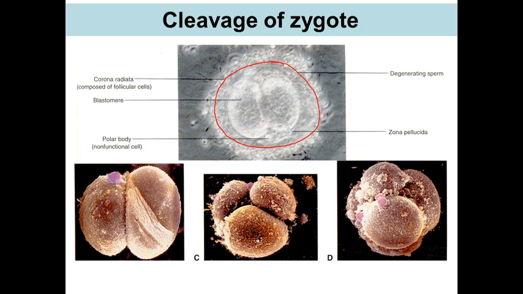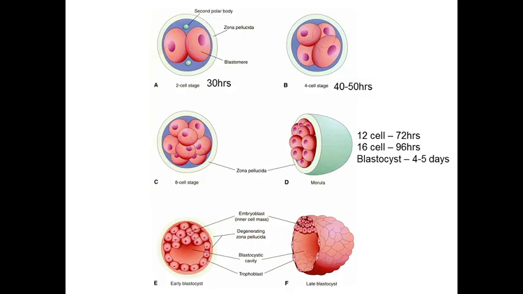Once the zygote is formed, it divides into 2 cell stage, and these are scanning electron microscopy pictures. We can see the 2 cell, then 3 cell stage, 4 cell, and these individual cells are called blastomeres. By 30 hours the cleavage division is initiated and 2 blastomeres are seen.